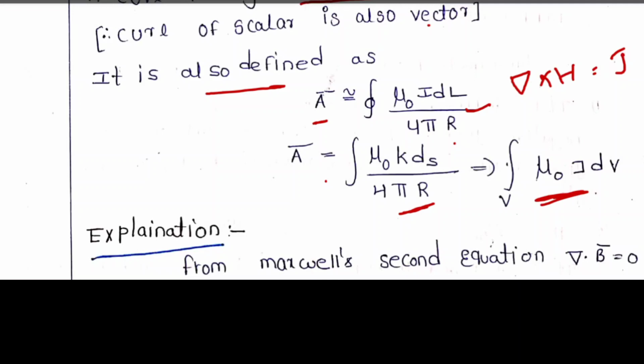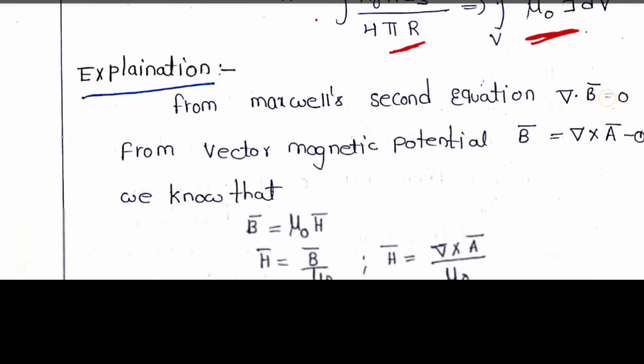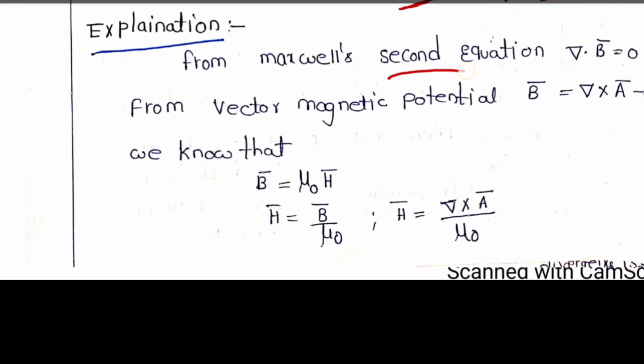Coming to the explanation of vector magnetic potential, how to explain? From Maxwell's second equation, del dot B equals 0.